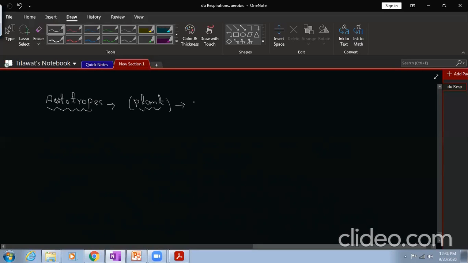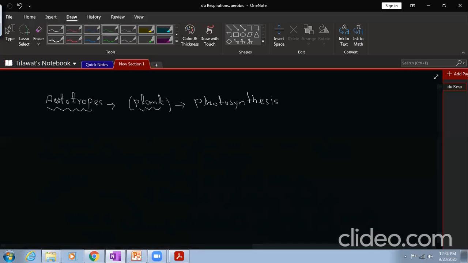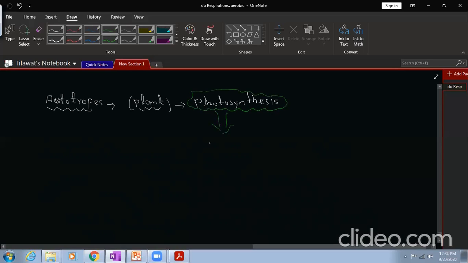Because a process happens called photosynthesis. This process of photosynthesis happens through a specific organelle, and the name of that organelle is chloroplast. And that chloroplast is present in the plant cell.